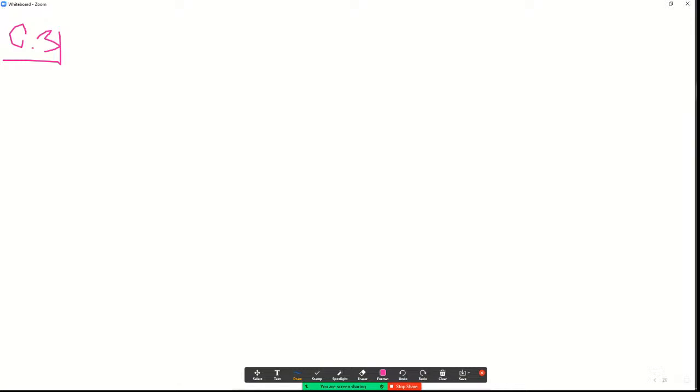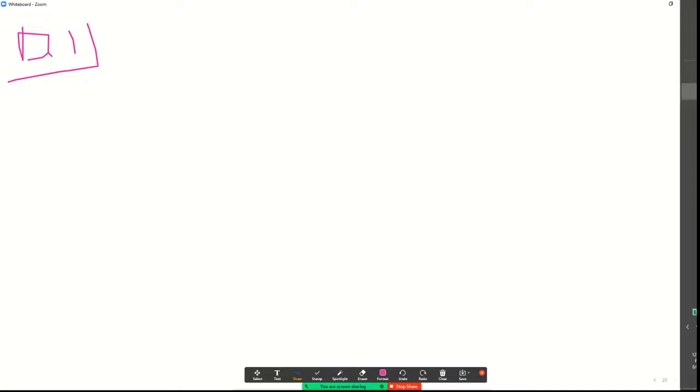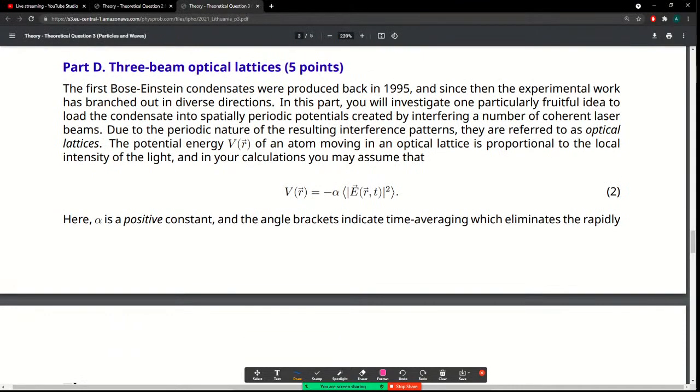You can read this. Okay, one sec. The first Bose-Einstein condensates were produced back in 1995, and since then the experimental work has branched out in diverse directions.